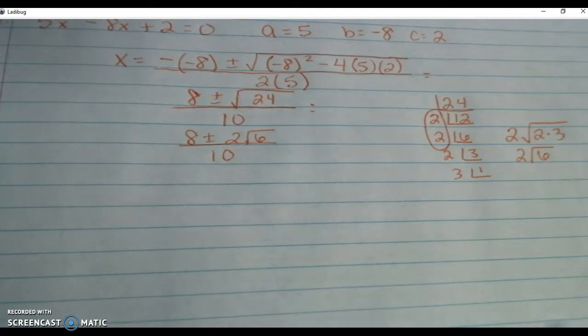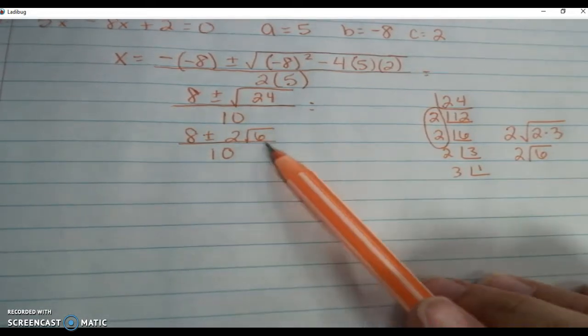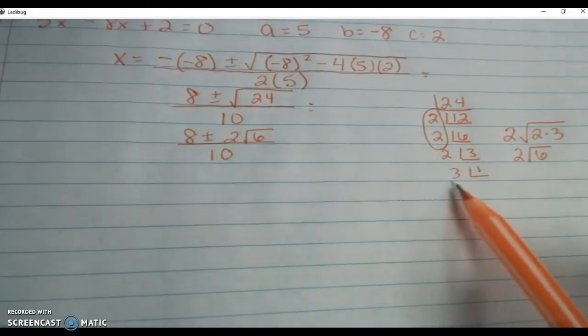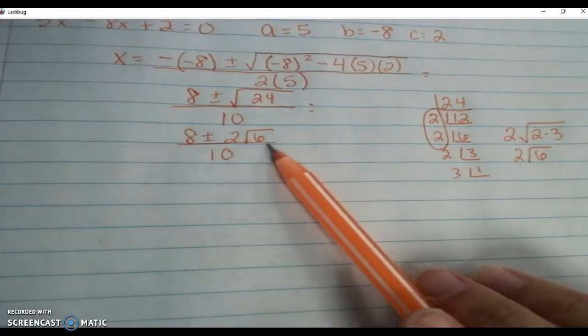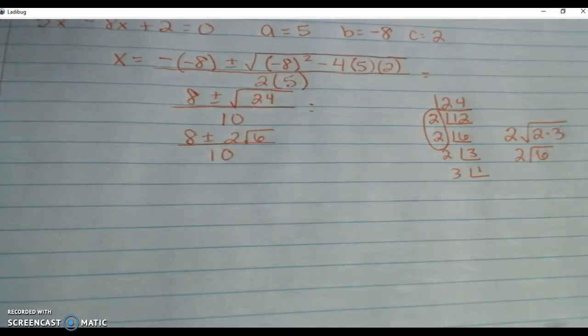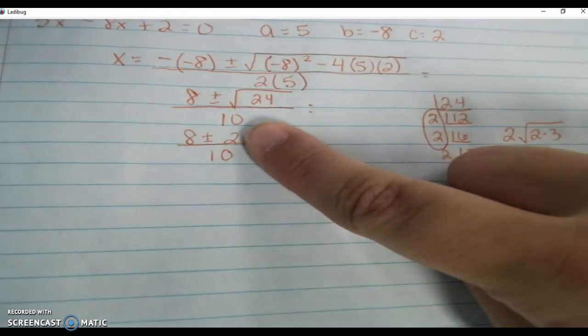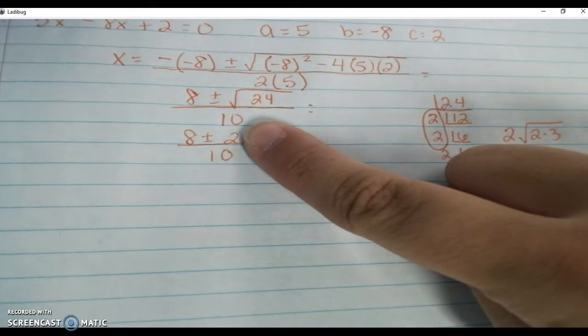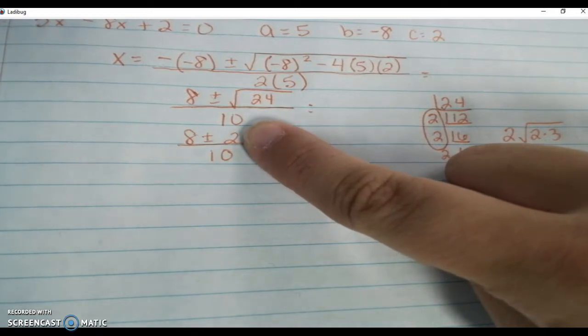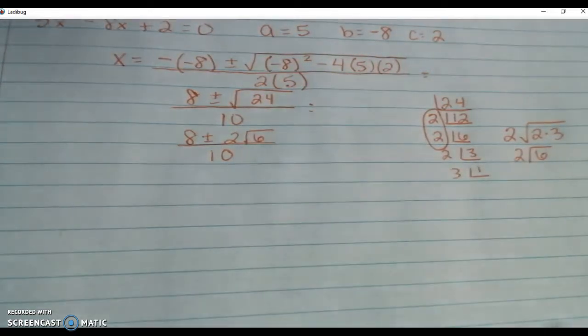I know that we haven't really done many operations with square roots, but hopefully you did last year. But the only thing that can change what's underneath the square root is breaking it down like this. So that 6 is not going to change anymore. Okay? But if I look at all of my outside numbers, 8, 2, and 10, could I simplify those? Yes, because they're all even. But we can't simplify the 6 because it's inside.